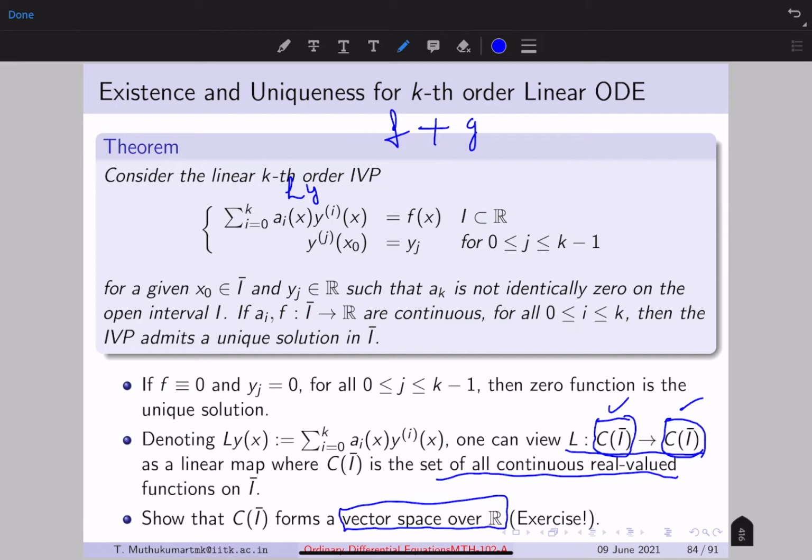Then if it's over R, you take any alpha from R, and look at the scalar multiplication alpha times f; if f is continuous, alpha times f is also continuous. So verify that this space of all continuous functions is a vector space, right?